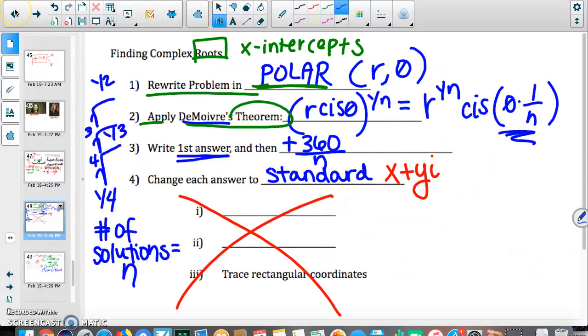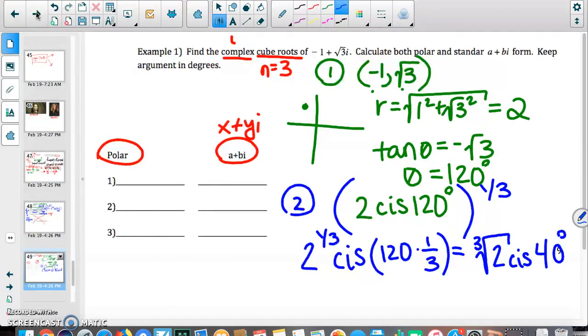So I've applied the theorem. Write down your first answer: cube root of 2, CIS 40 degrees.